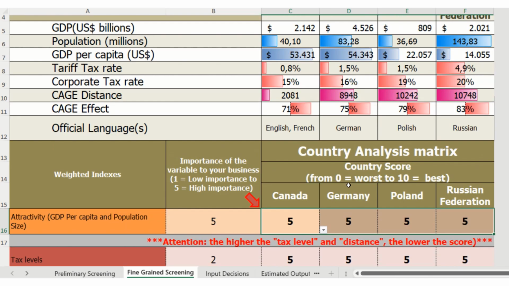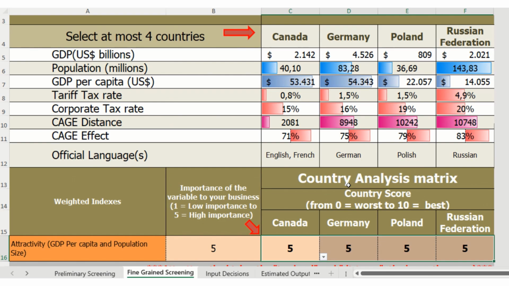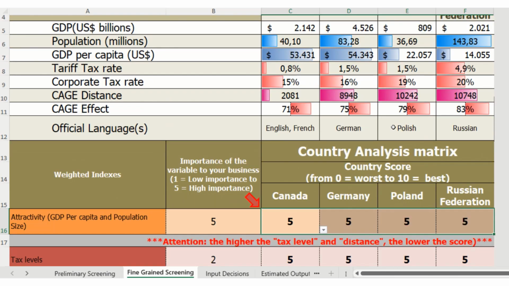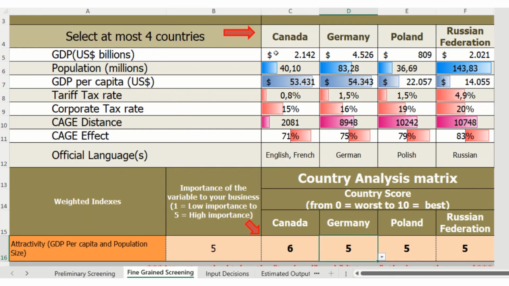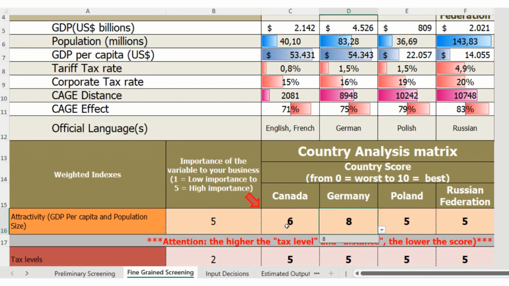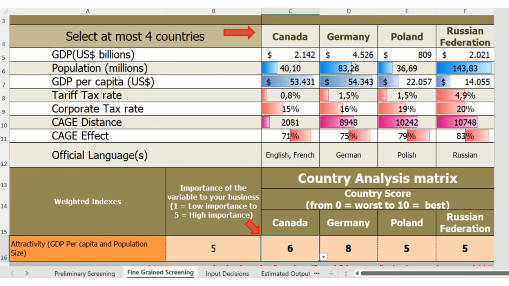For instance, for Canada, when you look here at the size of population and GDP per capita, it's probably something in the middle, so I'll put like a 6 for Canada. It's not that we don't have a lot of people living there, and GDP per capita is relatively good. When you look here at Germany, let's put like an 8, and this can be because they have more people living there and a similar GDP per capita.